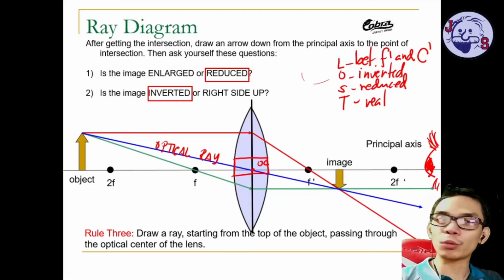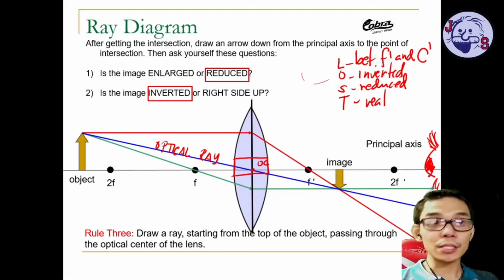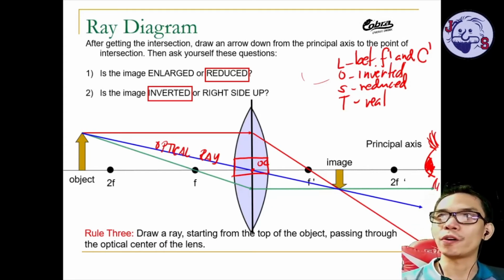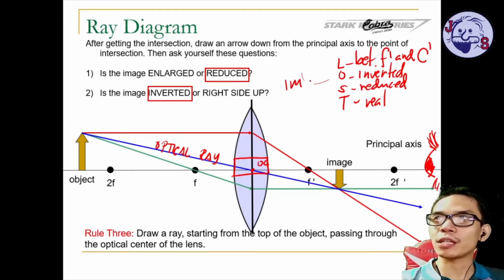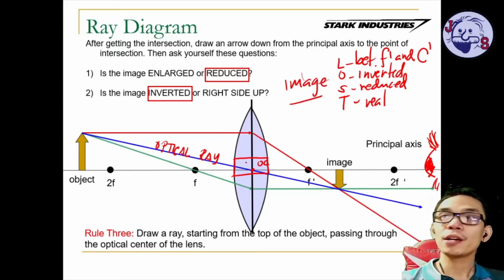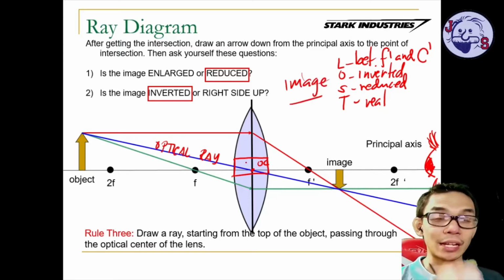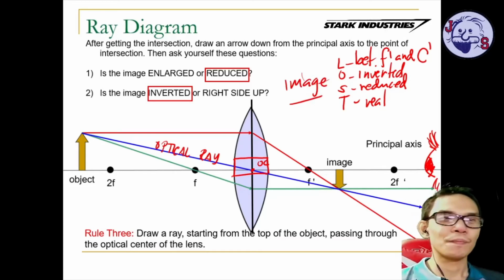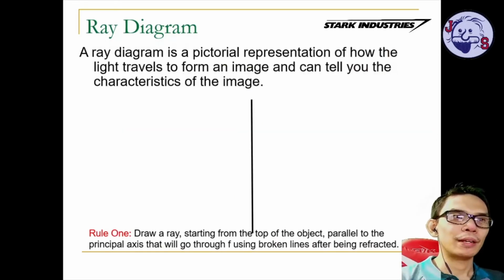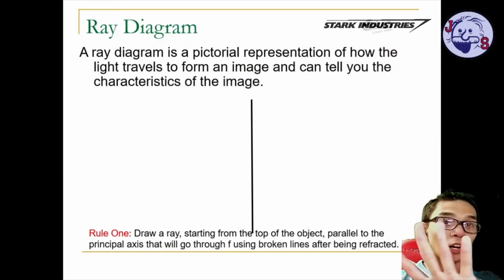It is located between F prime and C prime, respectively. So, that is the LOST. That is the image LOST for the convex lens, and that is the ray diagram for it.